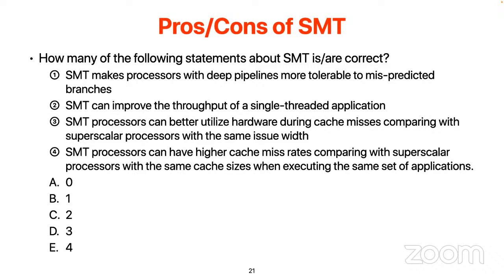Doesn't that make the SMT processor more tolerant to branch misprediction? Because overall, the cost of misprediction is less. So that's why I would say the first one is correct.